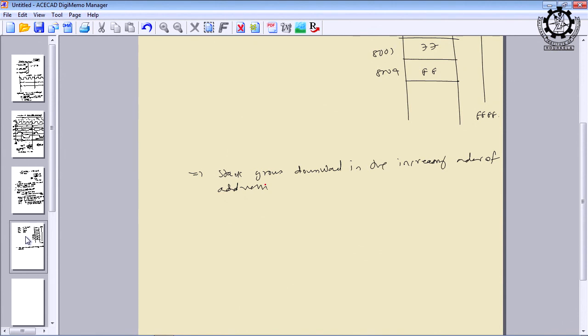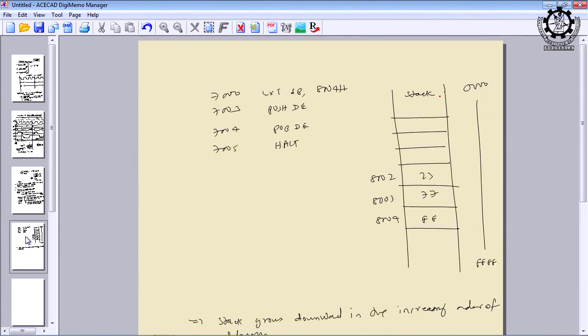Particularly for the Intel series of microprocessors, the stack grows downward, in the decreasing order of addresses. We start from the top and end at the bottom. Now, LXI SP 8004H. What is the meaning of this? The stack pointer will be loaded with the value 8004. Now, push D.